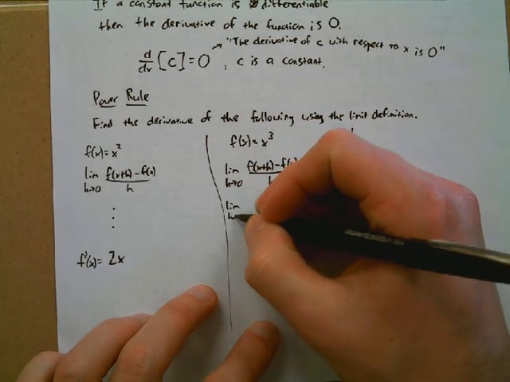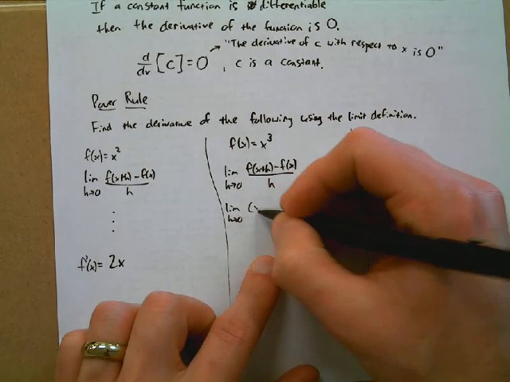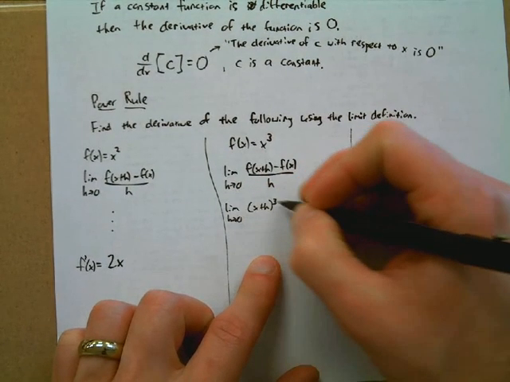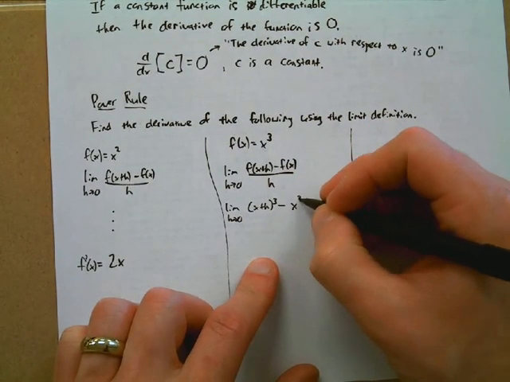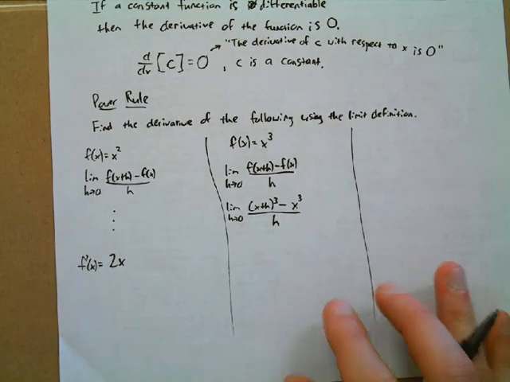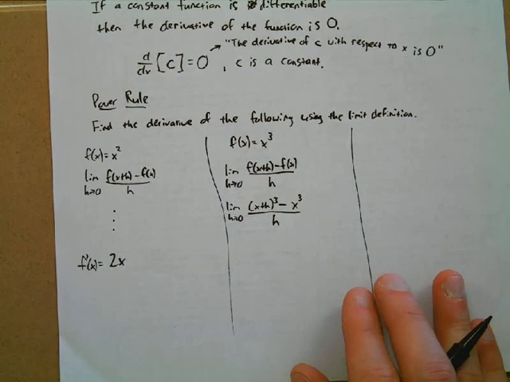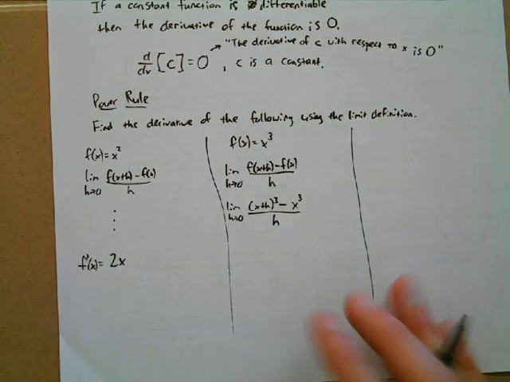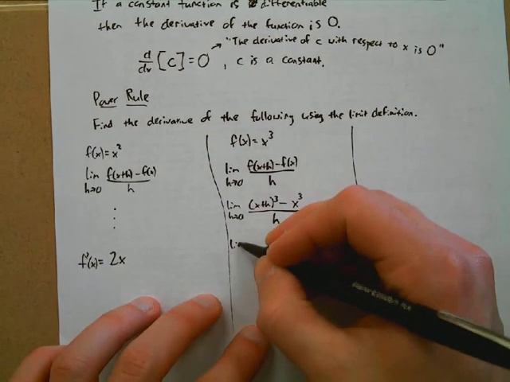Oh boy, we get to cube a binomial. That's fun. Well, I'll go ahead and do that for us here. This is going to end up being x cubed plus 3x squared h plus 3xh squared plus h cubed minus x cubed all over h.